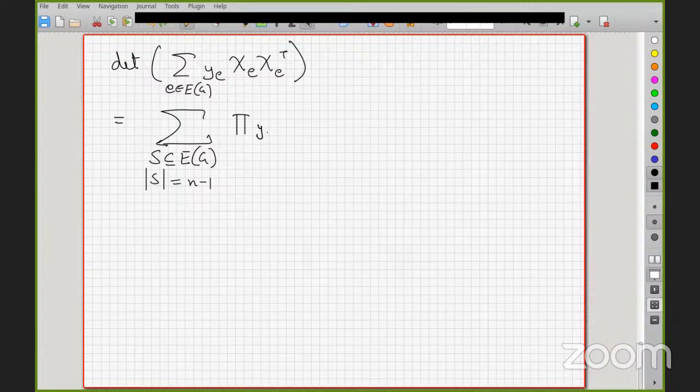For each of those, I get to multiply the variable corresponding to each edge in S, and the corresponding coefficient is the determinant of X_G,S squared.